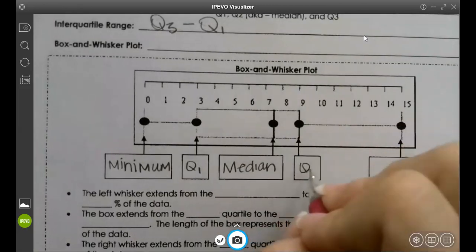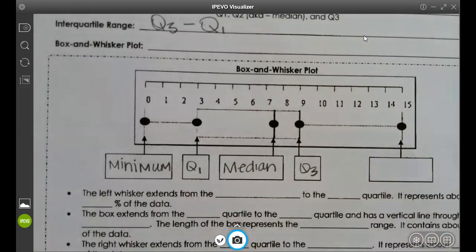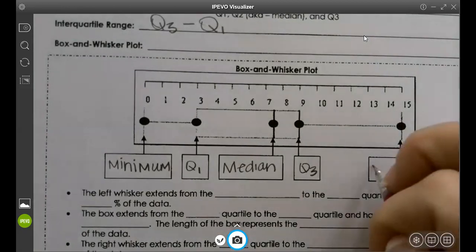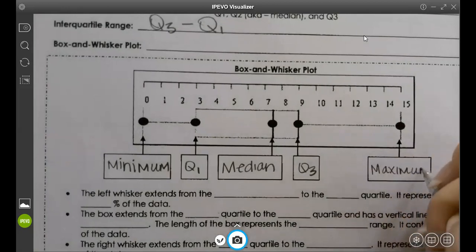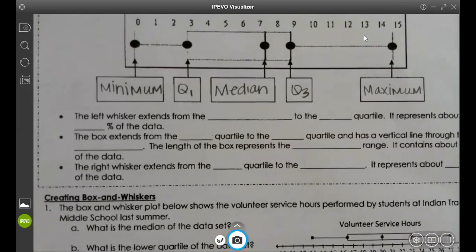Then you have Q3, which is the middle of the upper half of the data. And then the very last number is the maximum or the biggest number in your data. Any questions so far?